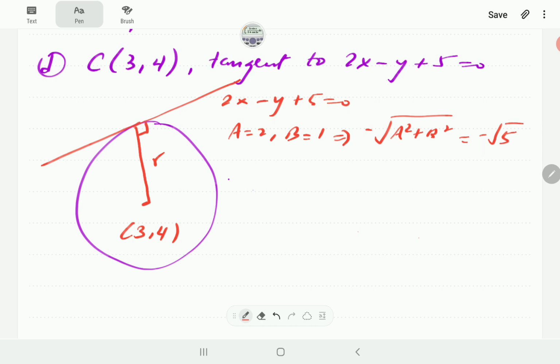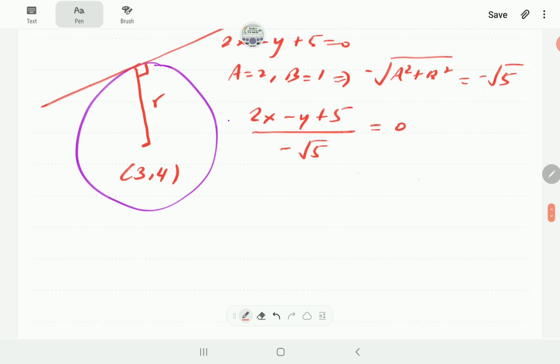Then if we take 3, 4, let's just write the normal form first. So normal form is going to be 2x minus y plus 5 all divided by negative square root 5. So the radius is going to be given by the value of this side when we plug in 3, 4.